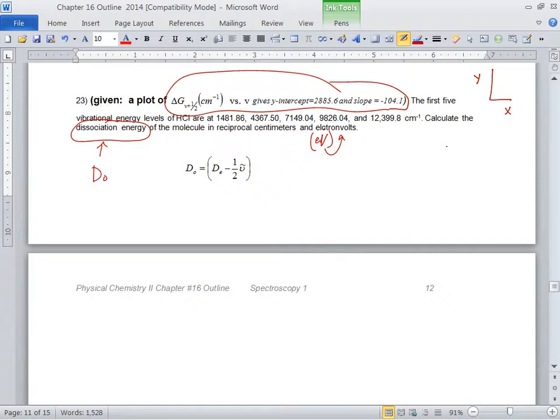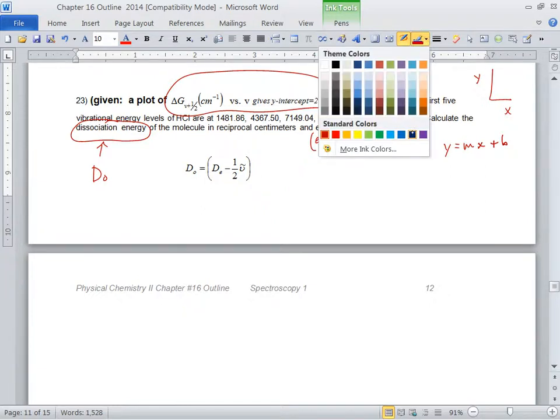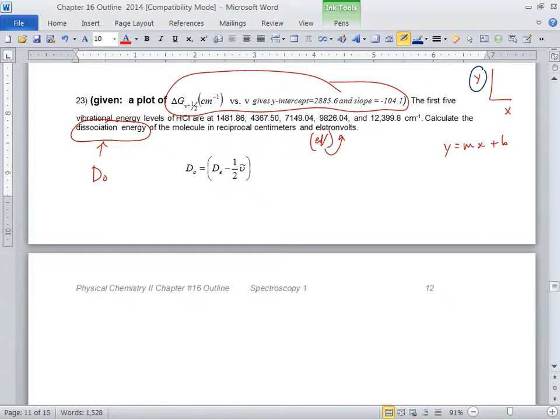What's the equation for a straight line? Well, that's a straight line, you're right, but what's the general expression for a straight line? y equals mx plus b. Now what I want you to get used to is this: whatever goes here is on the left-hand side of the equal sign.